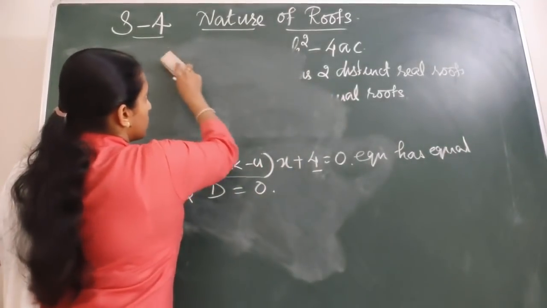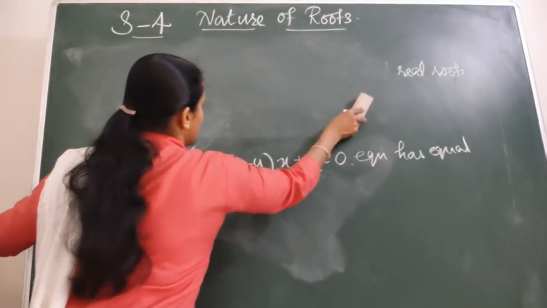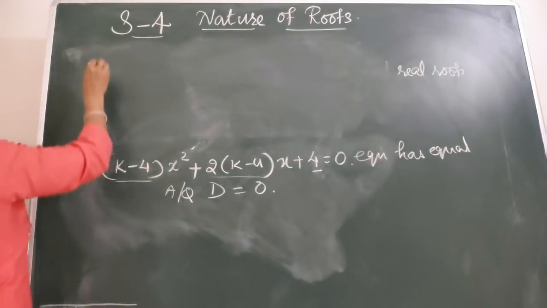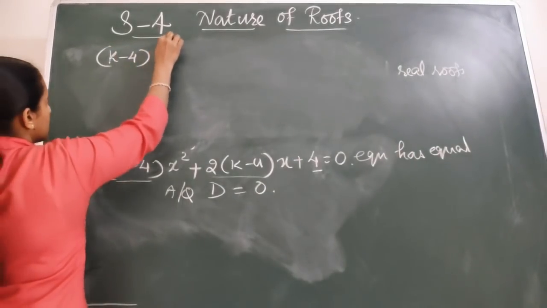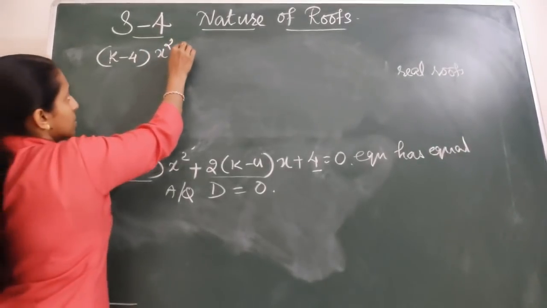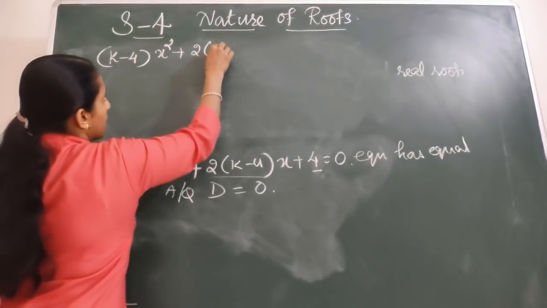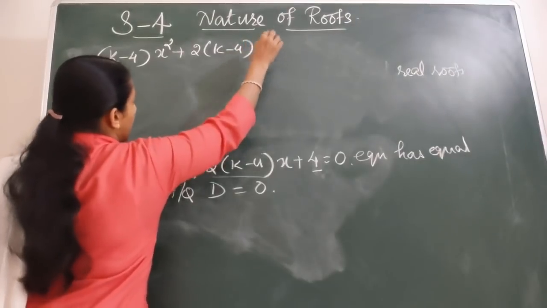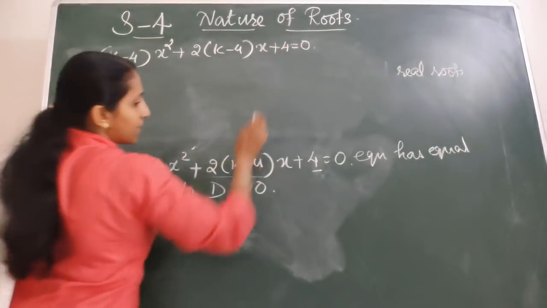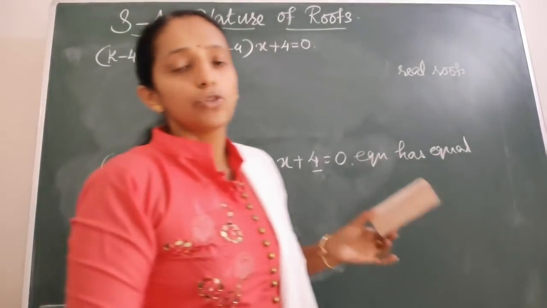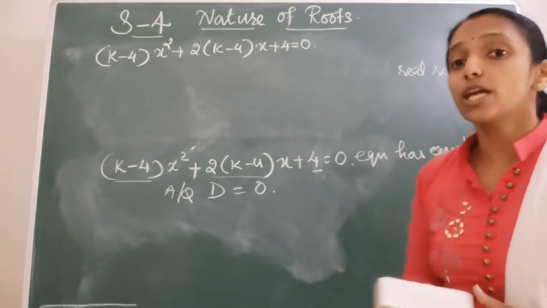Alright, so our question is (k minus 4) x square plus 2(k minus 4) x plus 4 equal to 0, and this equation has two equal roots.